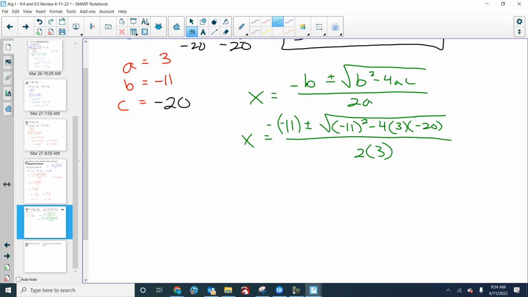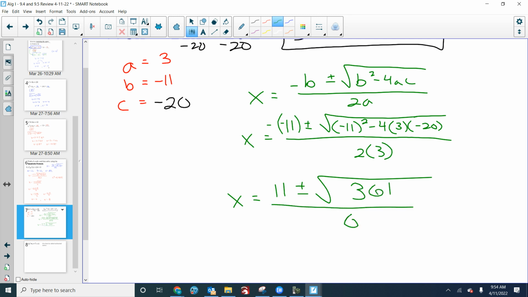Okay. X equals 11 plus or minus the square root of 121 plus 240, 361, over 6.